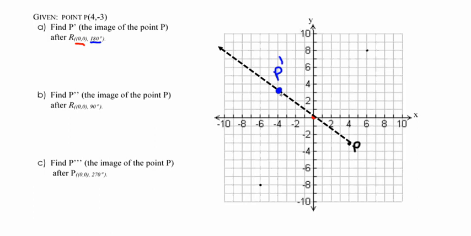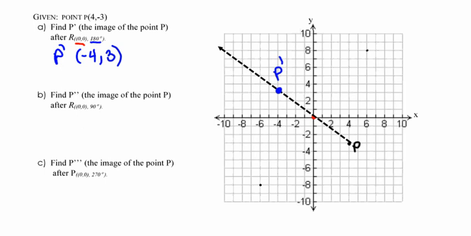So point P prime is going to have coordinates -4, 3. And again, all I did is count down 3 over 4, then counted up 3 over 4, but in the opposite direction for a rotation of 180 degrees. So again, P prime has coordinates -4, 3.